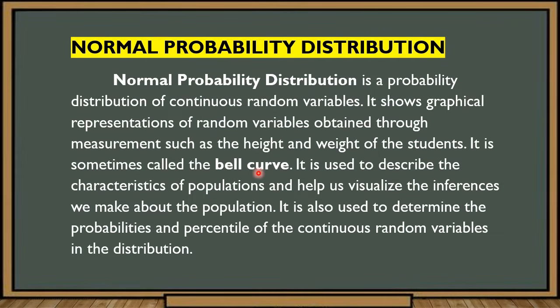Mas madali nating maintindihan at maunawaan yung mga data natin when we are dealing with this kind of variables. It is also used to determine the probabilities and percentile of the continuous random variables in the distribution. Para mapadali yung pagkuha natin yung mga probabilities of continuous random variables and also the percentile, we use this kind of distribution.